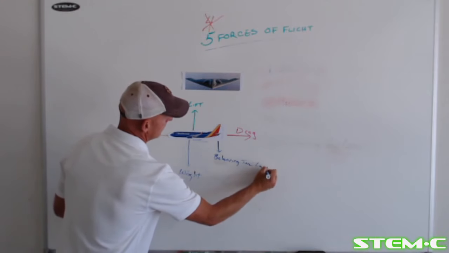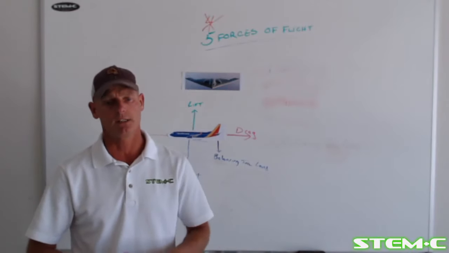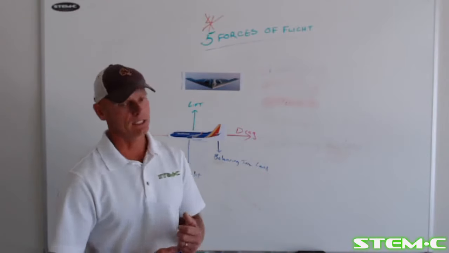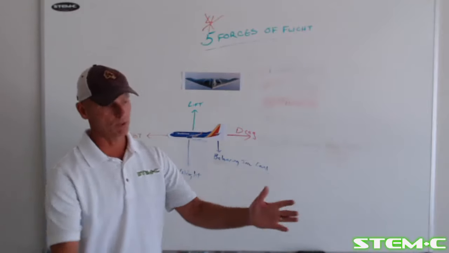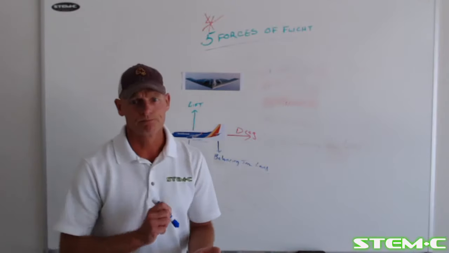So, again, it could be argued in the aviation world about how important the balancing tail load is. Paul Kalp says it is very important because none of these airplanes will fly without a balancing tail load.